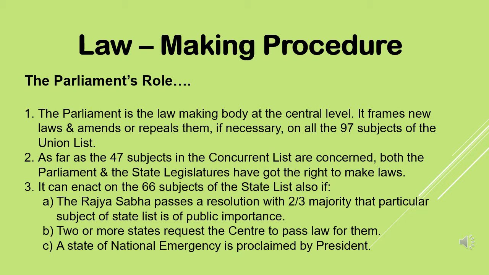If it is important for the people of that particular state, and two-third members of the Rajya Sabha pass it, then Parliament can make the law. Also, two or more states can request the center to pass the law for them. If any certain law is important for any particular state or more than one state, then they can request the central government to pass the law for them.